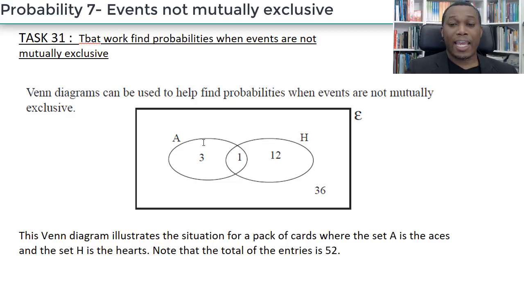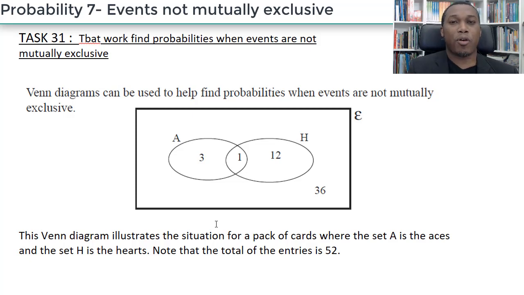A is for ace, H is for hearts, in a model of a deck of cards. What's the probability of getting an ace? What's the probability of getting a heart? We can work out from this diagram the probability of getting the ace of hearts. That's why it's not mutually exclusive, because a card could be an ace and a heart. So how do we deal with that overlap?